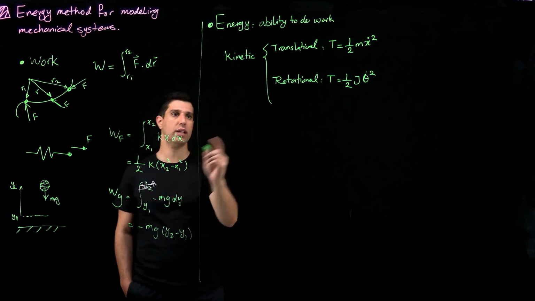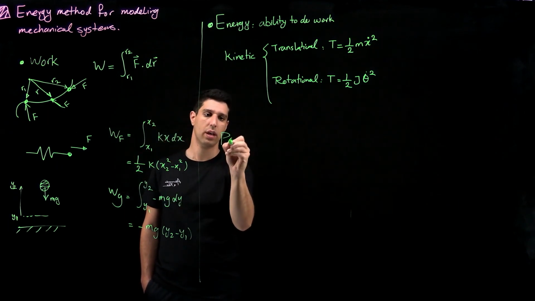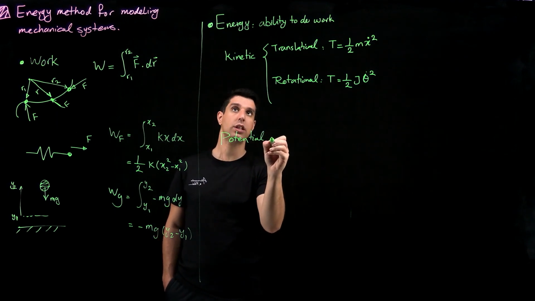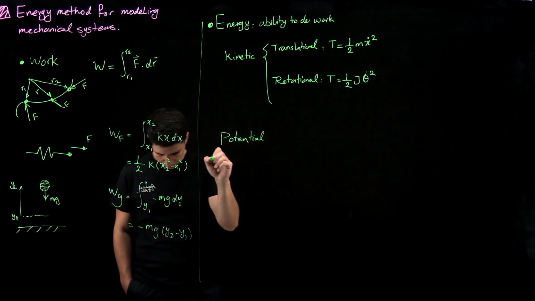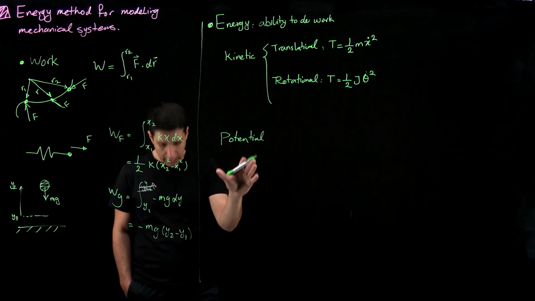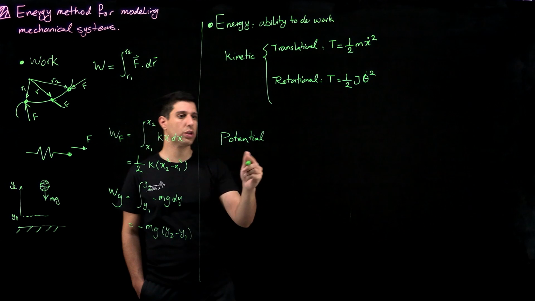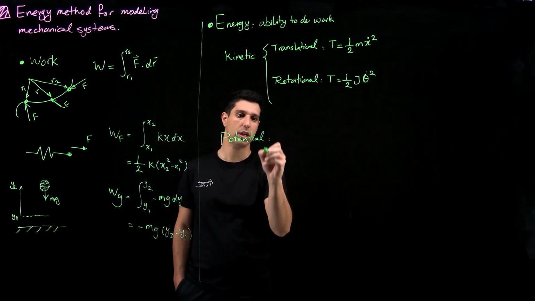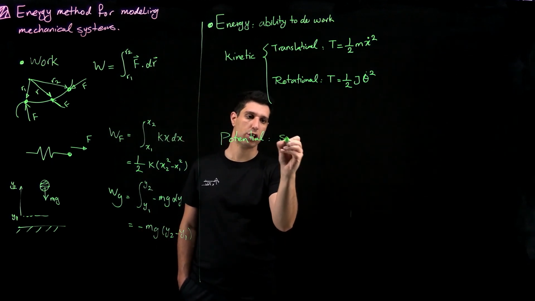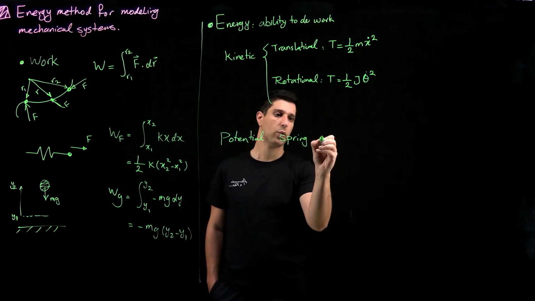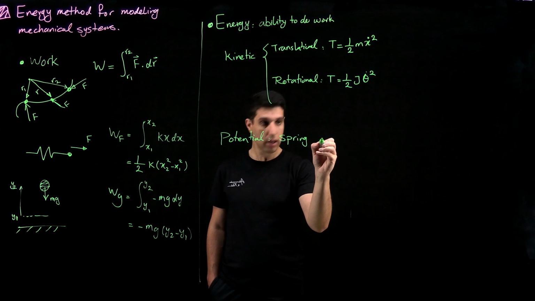We already talked a little here, but potential energy. The elements that store potential energy, and we work with mostly in this course, are a linear spring, which has potential energy.